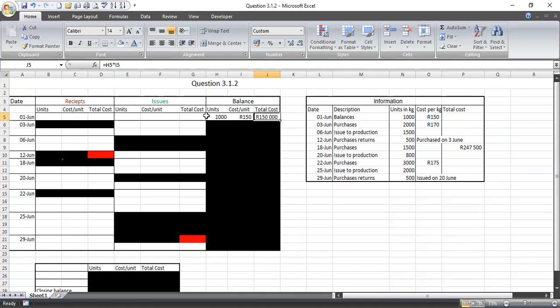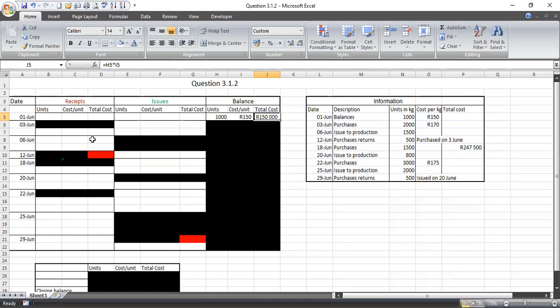So now that we are done with our transaction, which took place on the 1st of June, we can now move over to the next transaction, which is on the 3rd of June, where we are told that purchases of 2,000 units in kgs were made at a cost per unit of 170. So the keyword here is the purchases.